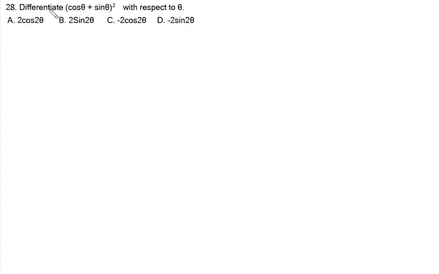For question 28, we are asked to differentiate (cos theta plus sine theta) squared with respect to theta. If you write it out as a function, f of theta is equal to (cos theta plus sine theta) squared. You could also represent this as y.